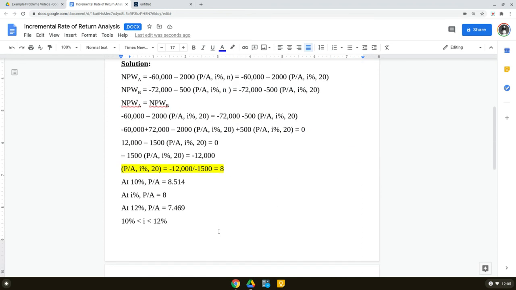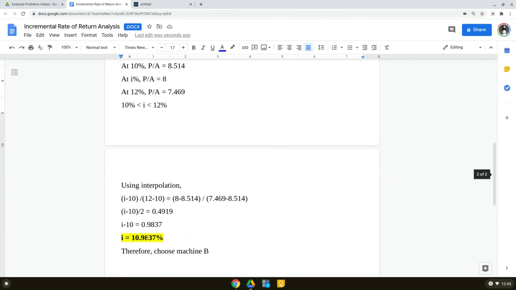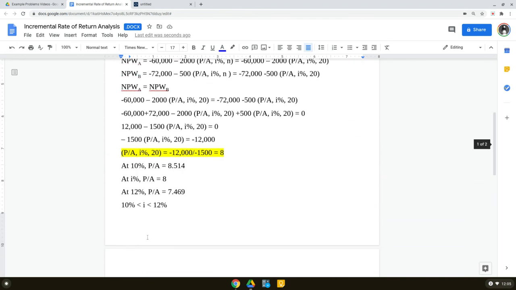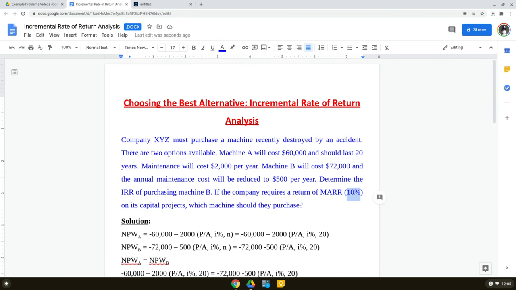So if your rate of return is higher than the minimum attractive rate of return, then you go with the option that is initially more expensive. In this case, that means machine B has a higher initial cost, so that is the option we choose.